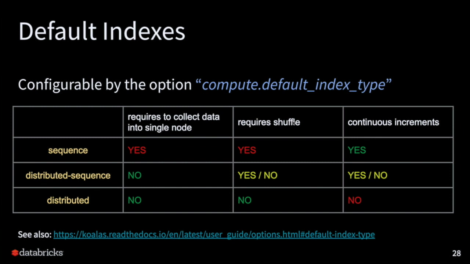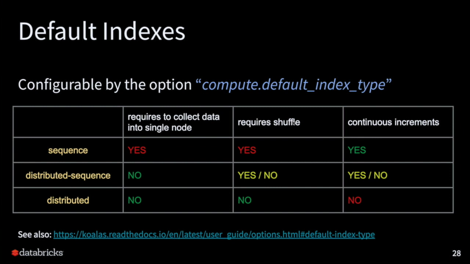The sequence is the default value. This guarantees the index increments continuously, but it uses a non-partitioned window function internally. So it means all the data needs to be collected into a single node. If the node doesn't have enough memory, an out-of-memory error will occur.